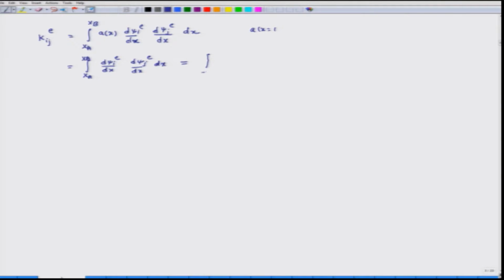So, the first thing is I change the limits from -1 to +1, then I express d psi i as a function of zeta, d psi i over d zeta times j, and this is d psi j as a function of zeta over d zeta times j, and dx is j d zeta.